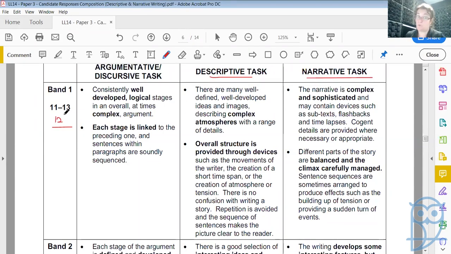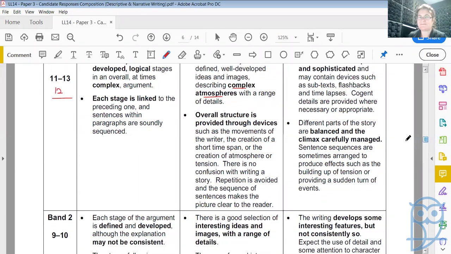Why did they get this 12? Well, there are many well-defined, well-developed ideas and images describing complex atmospheres with a range of details. Okay, yeah, so they did this very well. They created this complex atmosphere, which was great.